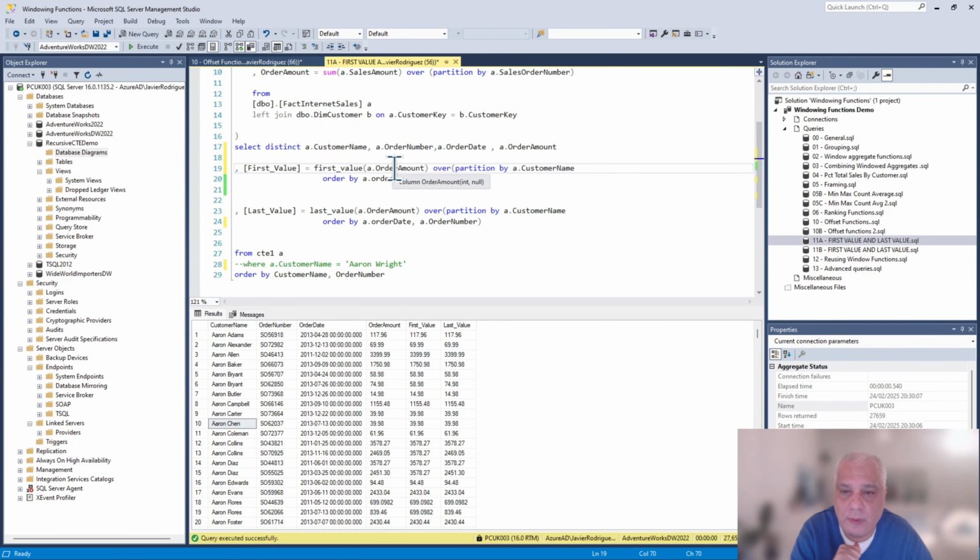So we are going to calculate the first value of the order amount over the partition by customer name, ordered by order date and order number. In the same way, we are going to use last value over the partition by customer name, order by order date and order number. And here we have the result.